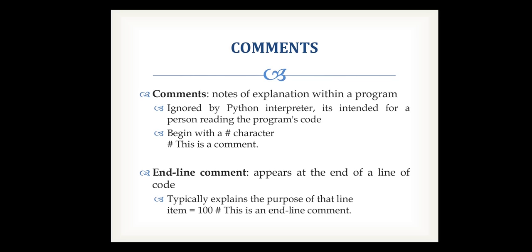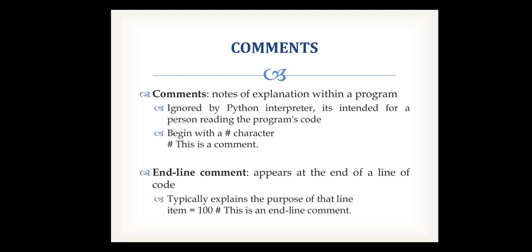Next is comment. Comments are notes of explanation within a program, ignored by the Python interpreter. They are intended for a person reading the program's code. They begin with a hash, that is a special character.